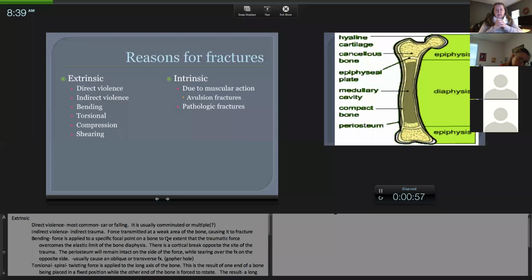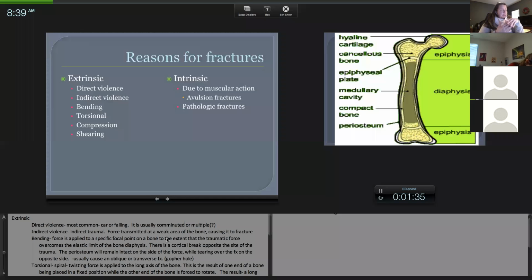So obviously there was no ill intent. The dog fell. The cat jumped from a very high surface and landed funny. Obviously cats are really good at landing, but there are times that cats can break a leg if they land not the right way. And indirect violence, it can be the bone maybe was inherently weak, and because they landed, now obviously there was an internal weakness, but the reason came from the outside.